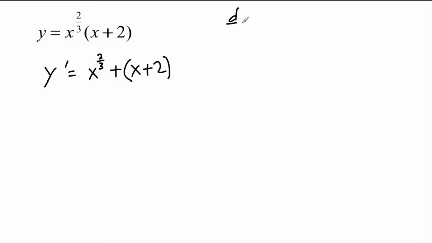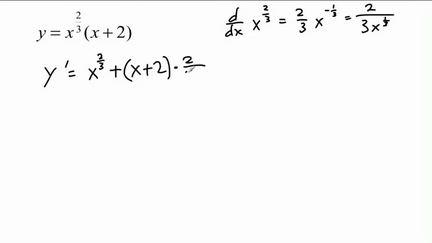Now, the derivative of this is going to be 2/3 x to the negative 1/3, or in other words, 2 over 3x to the 1/3. And I'm just going to leave it as 1/3 for right now. So this is going to be multiplied by 2 over 3x to the 1/3.